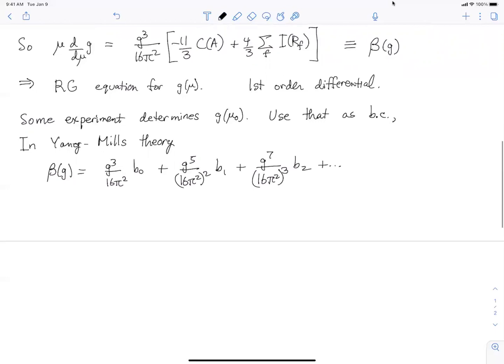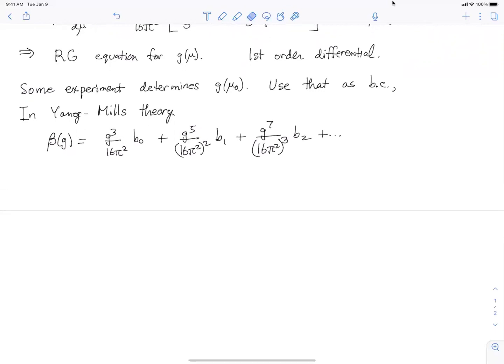Okay, and these numbers are known. So b0 is, we've just said, minus 11/3 the Casimir of the adjoint, plus 4/3 the sum over the fermion representation indexes. And b1 is, it turns out, now I'm just showing off by telling you that it's minus 34/3 CA squared plus 20/3 CA.